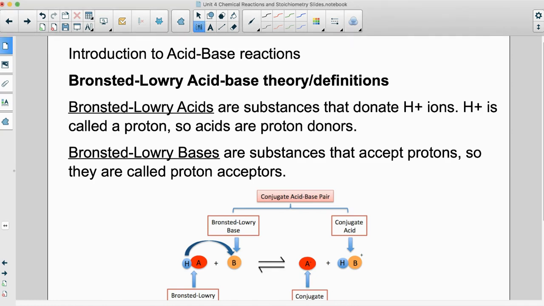The acid-base theory that we'll be looking at the most is the Bronsted-Lowry acid-base definition or theory. There are 2 other theories of acids and bases. The one that we usually focus on in chemistry is called the Arrhenius.